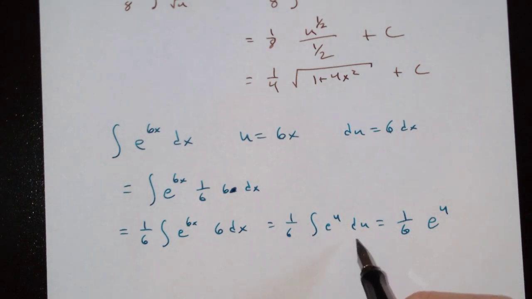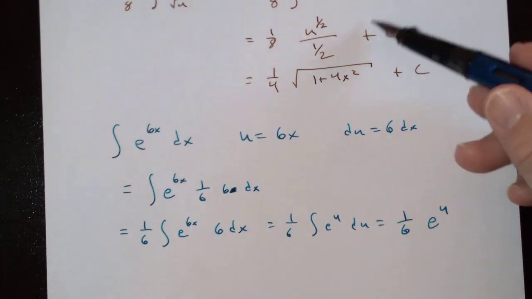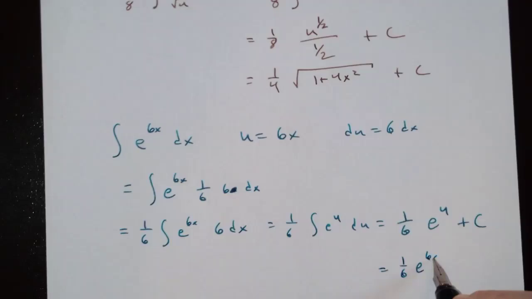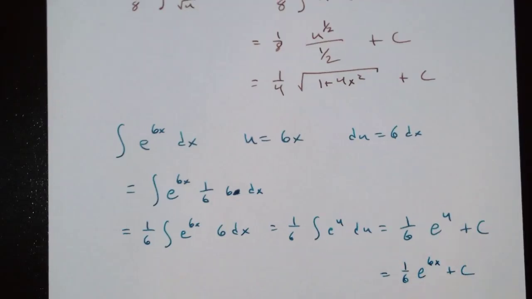Now the dx went away, but when I do my antiderivatives, I have to get that plus c. Now I put it back in x. Questions?